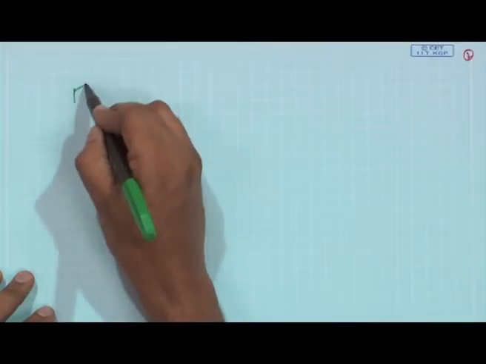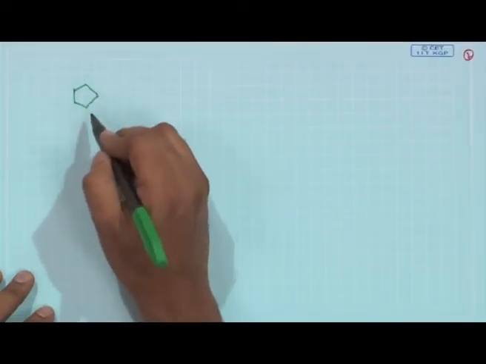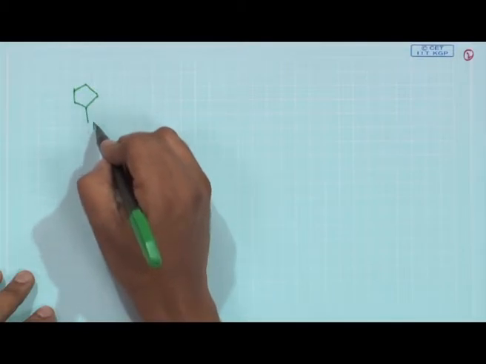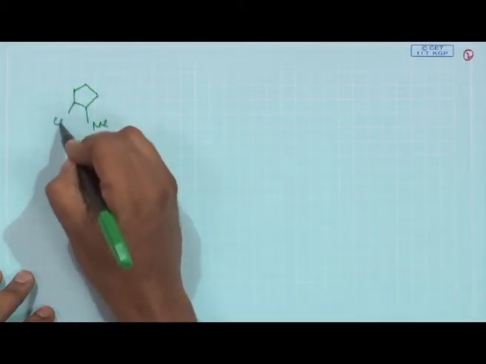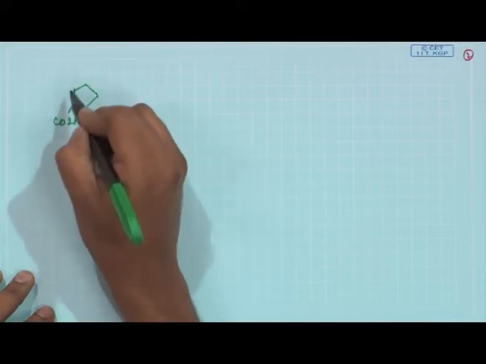Now, I say the cyclopentanone, which is one of the intermediates, how can you construct it?